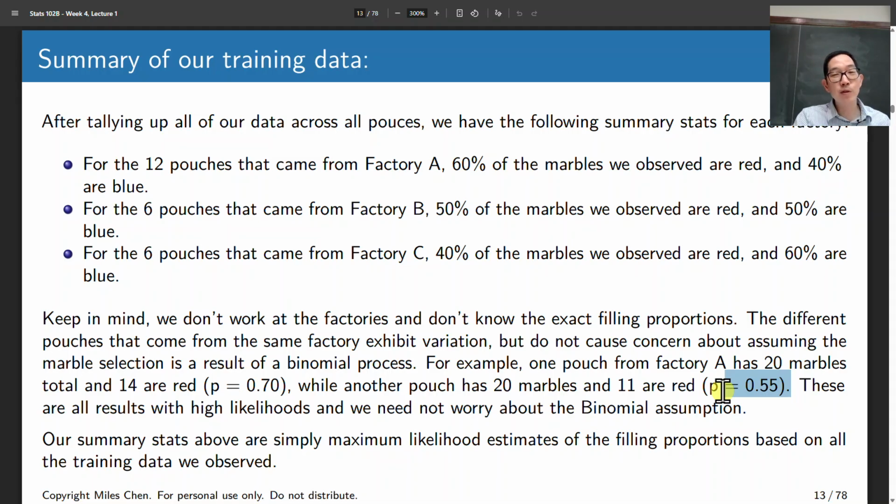But overall, the proportion is 60% red, okay? Because if there was no variation, it would be very easy, right? Like if every single bag from factory A came with 60% red, then we could say, oh, this bag is 60% red. It must be factory A. But we're going to say there's still some variation, okay? The ones that come from factory A, there's still some variation, okay?